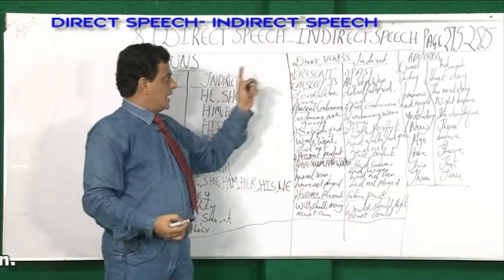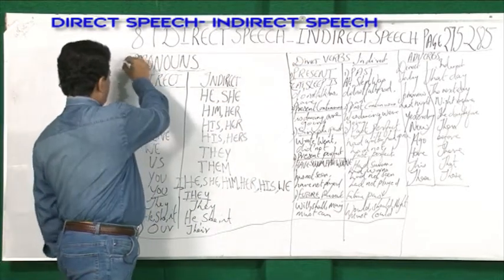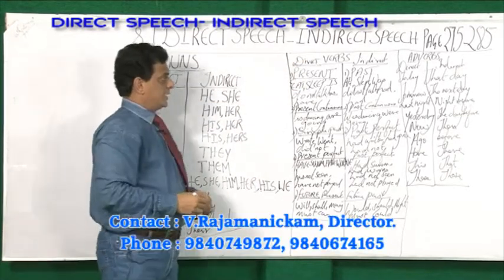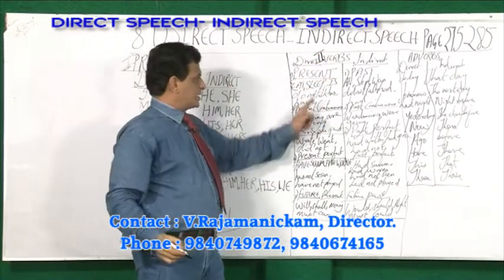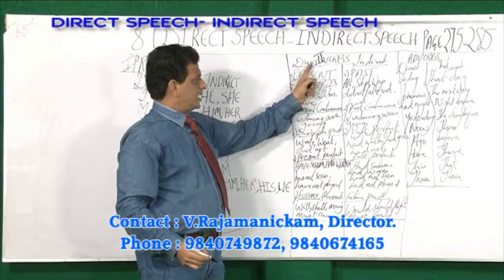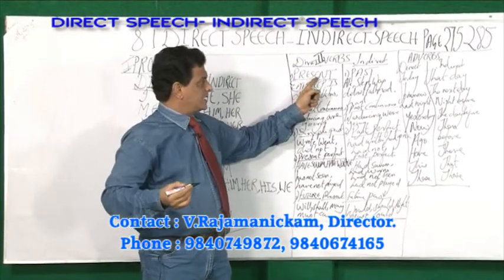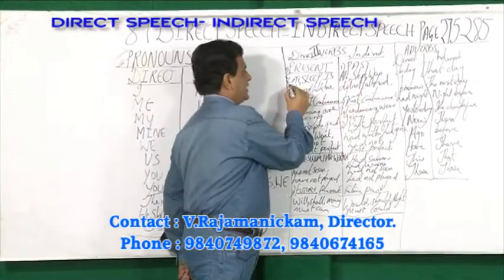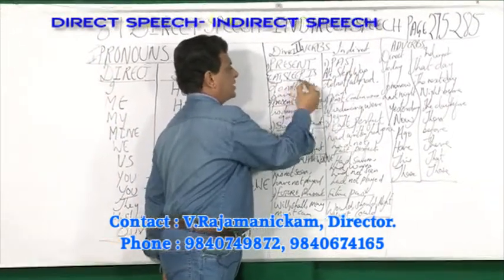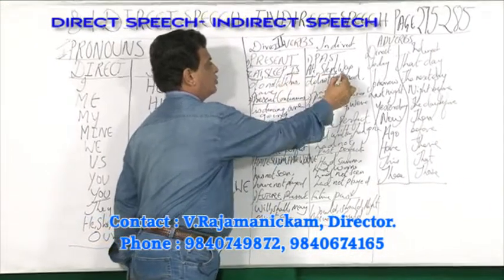And after pronouns changing, number 2 is that the verbs should change. If I am speaking in present tense in direct speech, you go and say in past tense in indirect speech. Eat changes to ate, sleep changes to slept, is changes to was.